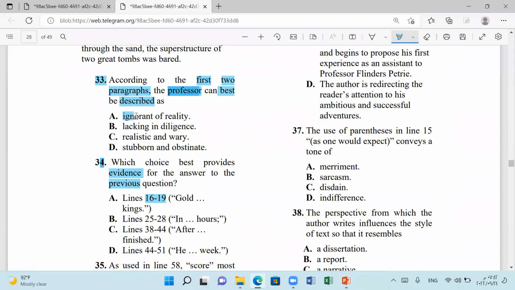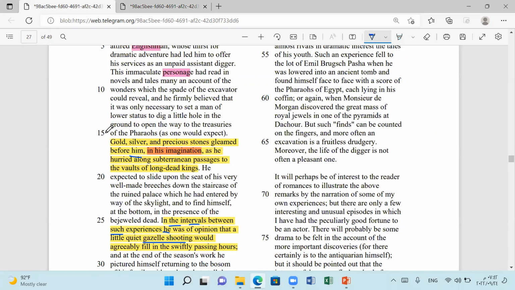Ignorant of reality. Ignorant of reality means he is not down to earth. He is not considering the reality. Let me check if anything is related to the opposite, something that is not real and he is considering.